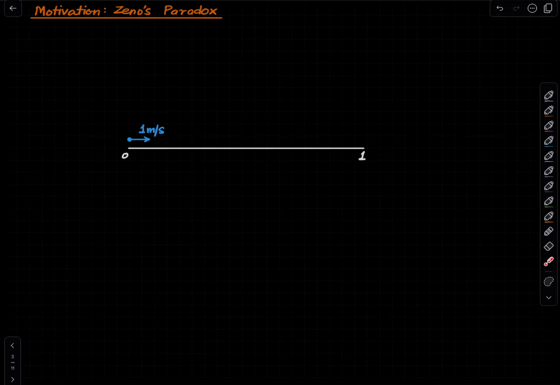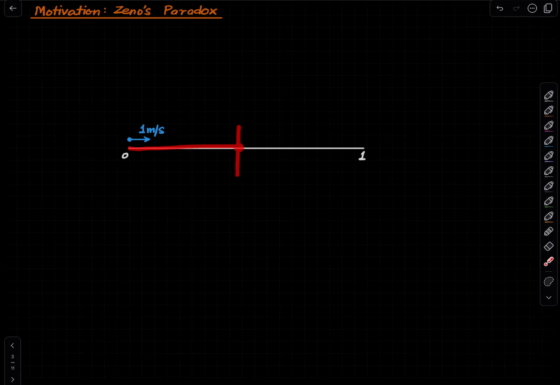Anyway. So what Zeno argued was, well, there must come a time that the snail reaches exactly half of its final destination, right? He manages to cover exactly half the distance that he was due to cover. Okay.